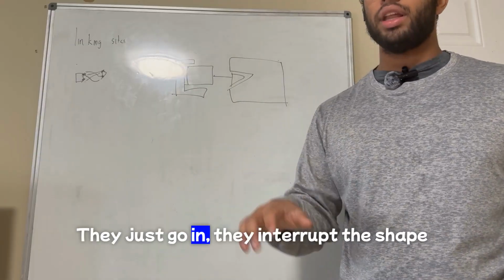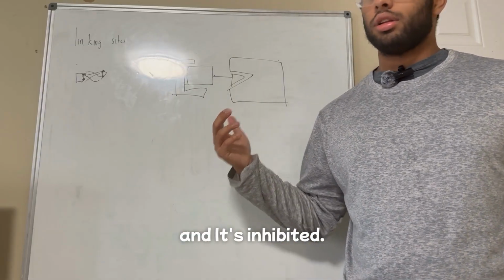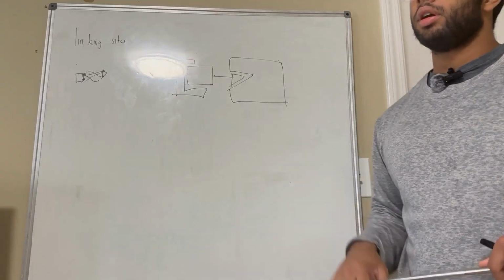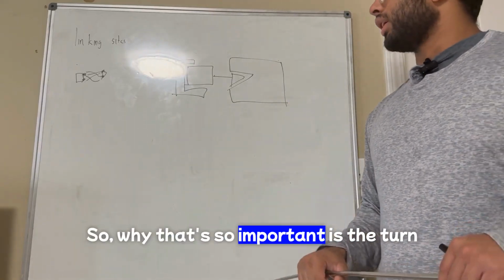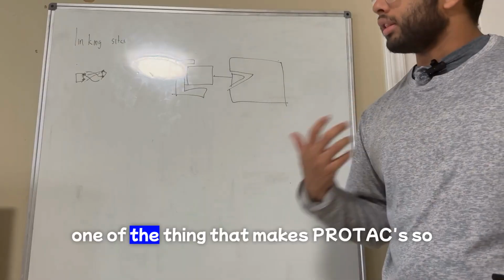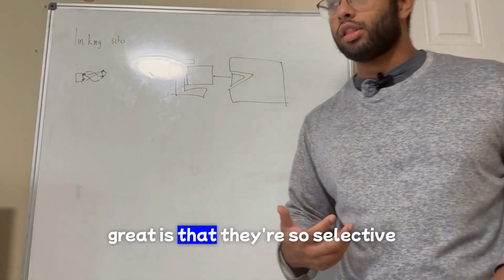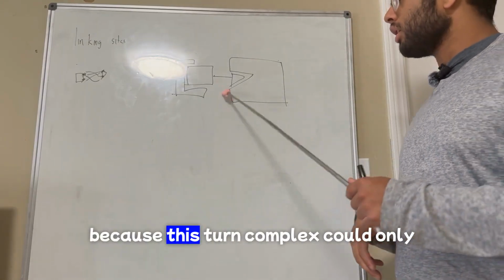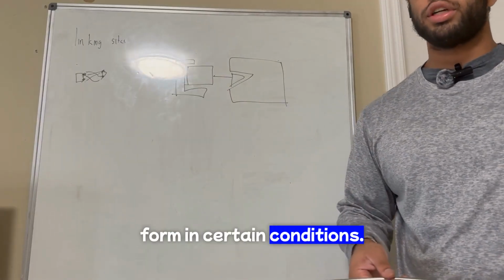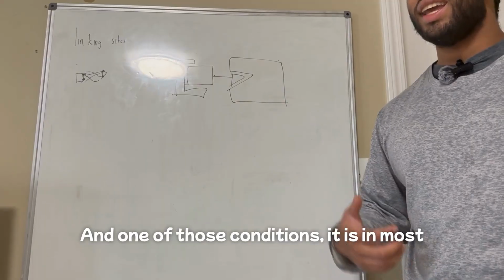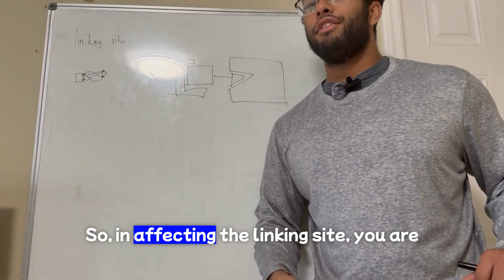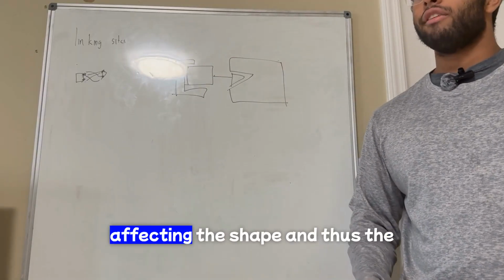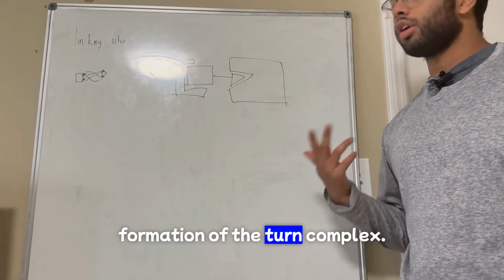They just go in, they interrupt the shape, and it's inhibited. So why that's important is the ternary complex. One of the things that makes PROTACs so great is that they're so selective, because this ternary complex can only form in certain conditions, and one of those conditions is most definitely shape. So in affecting the linking site, you are affecting the shape and thus the formation of the ternary complex.